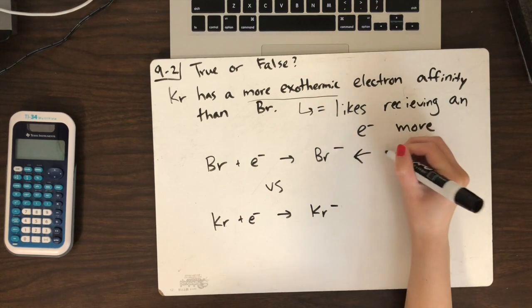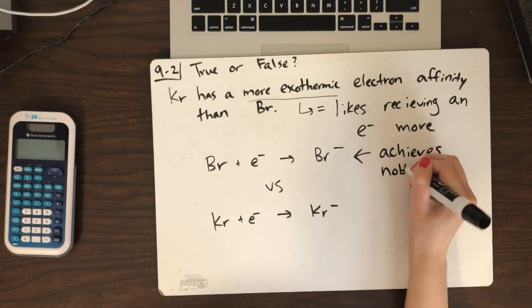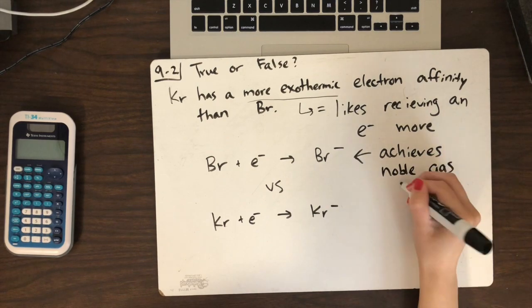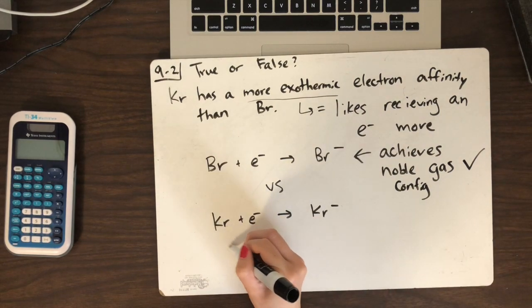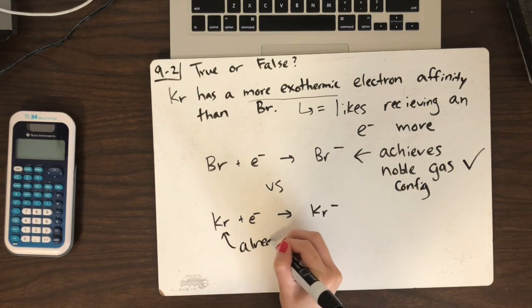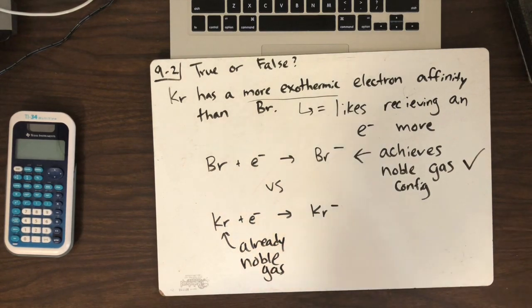Well, when doing this, Br minus achieves a noble gas configuration, so it does like that. Kr over here already has a noble gas configuration, it is a noble gas. So it's already pretty much full.